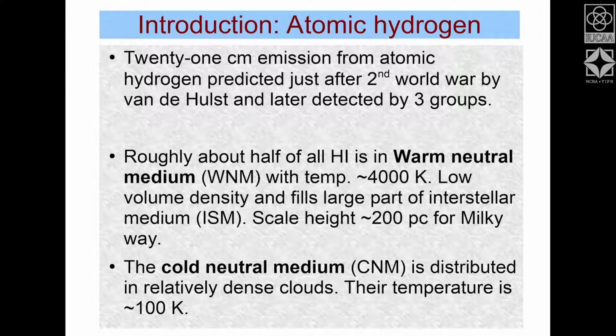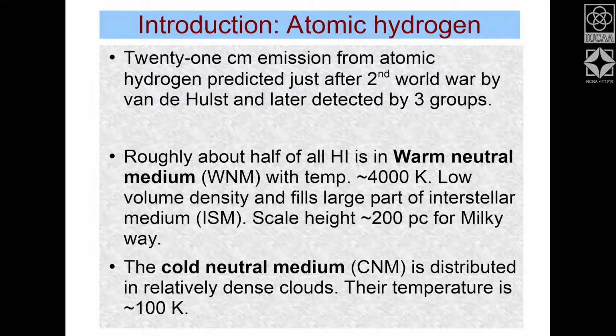That is the medium between the stars in our galaxy. The density of material is much, much lower, about 1 per cc. So that is for the warm neutral medium. This has a low volume density and fills a large part of the interstellar medium, with a scale height. Scale height means that the density, compared to the disk, starts decreasing as you go up along the galactic plane, and it roughly becomes half if you go up by about 100 or 200 parsecs for the Milky Way.